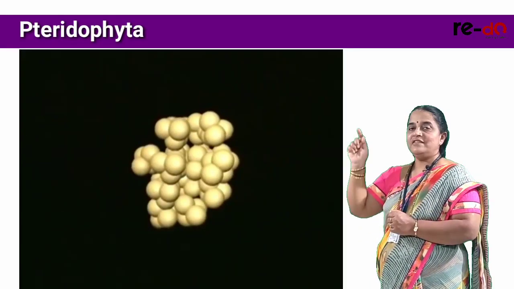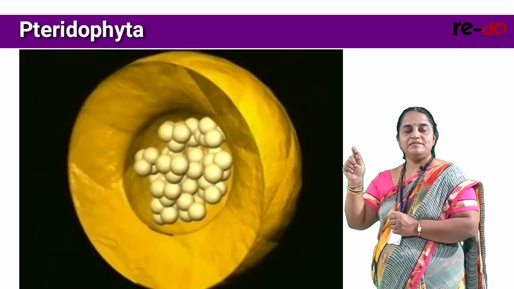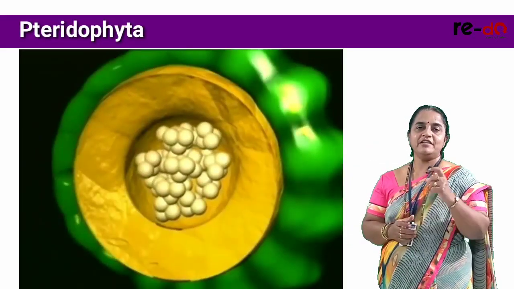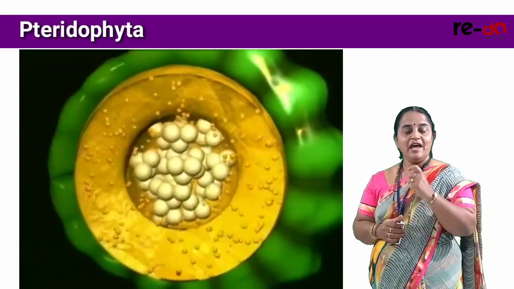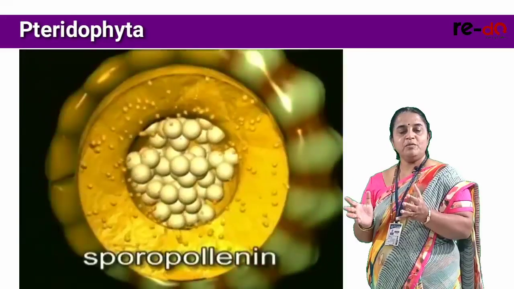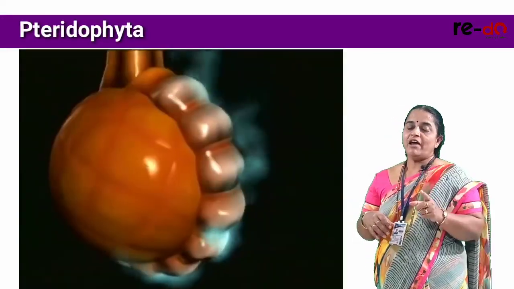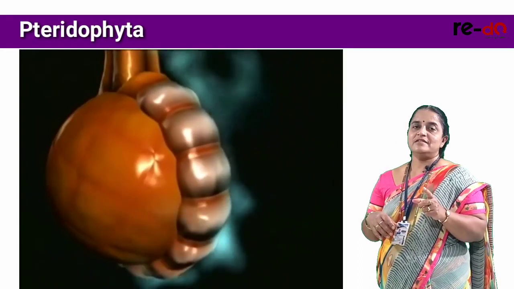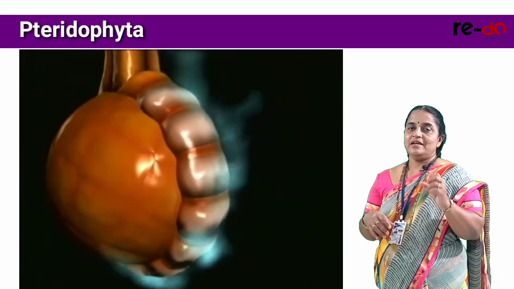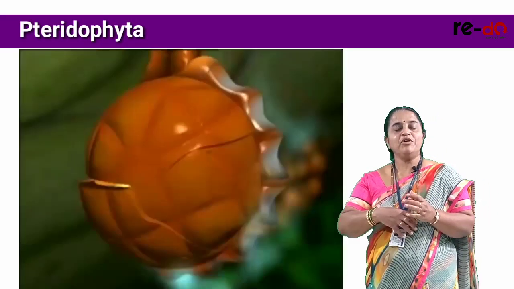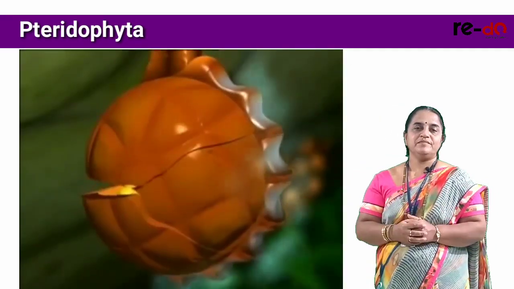Each sporangium has a jacket wall. This jacket wall has thick-walled cells. At maturity, when the spores are mature, the water evaporates from the jacket cells. It ruptures, and with a force, all these haploid spores are released outside.